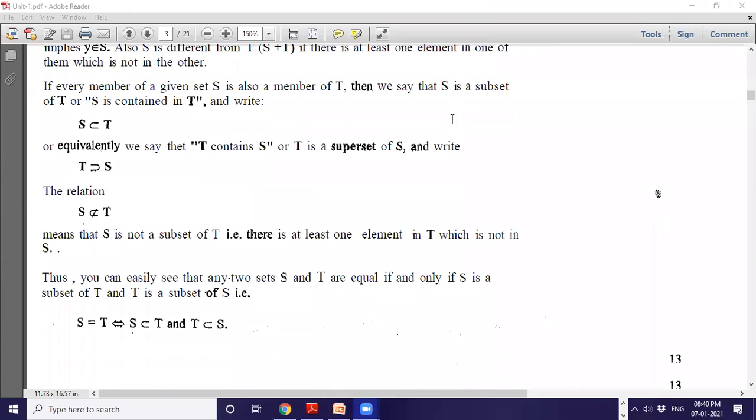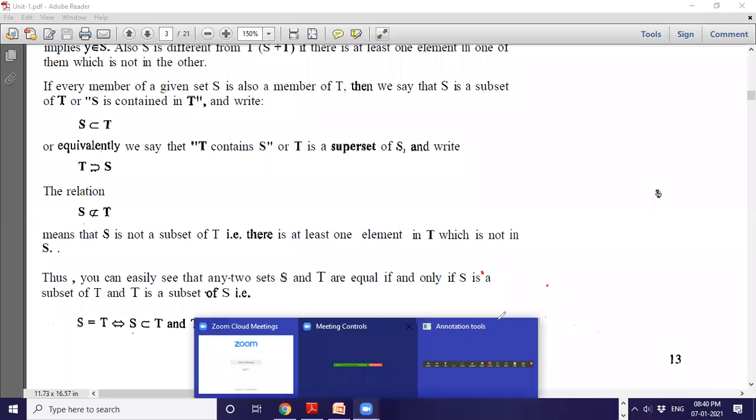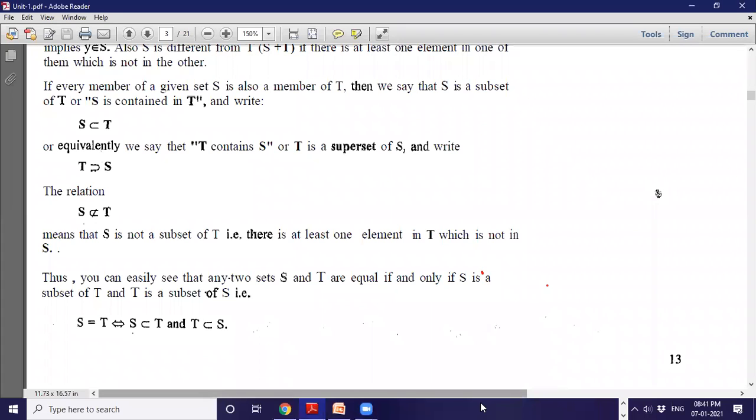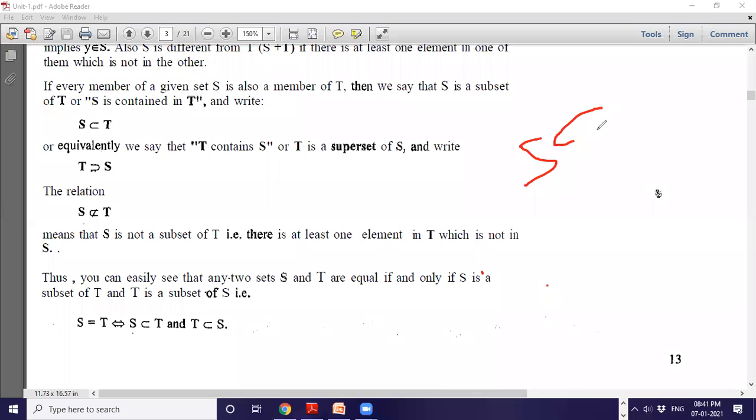The relation. हाँ, यहाँ और एक डाउन करना. अगर सबसेट नहीं है तो हम क्या करेंगे? If S is not a subset of T, okay, sorry. So S अगर T का सबसेट नहीं है तो सिंपली आप क्या कर दोगे?